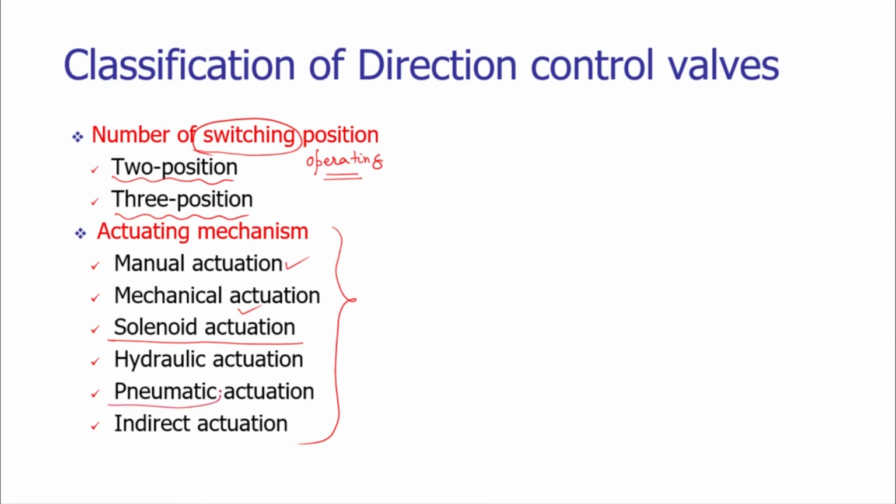We can use pneumatics, the compressed air, to operate the direction control valve. These are called the pneumatically actuated control valves. Or we can have the indirect actuation. We can use a pilot to actuate the control valves. So we will have a discussion on the various actuating mechanisms in detail in the coming slides.